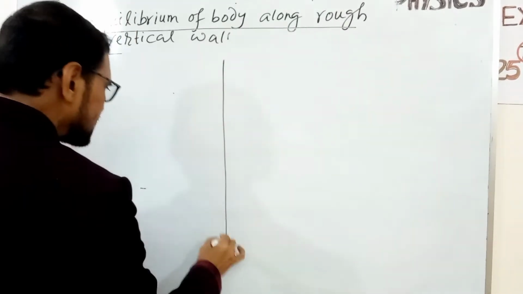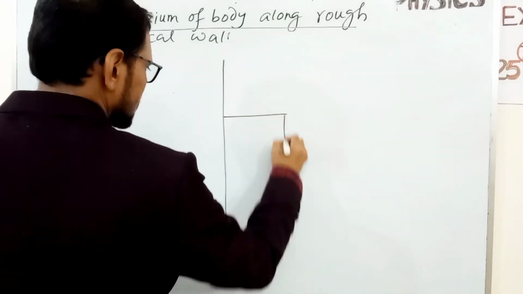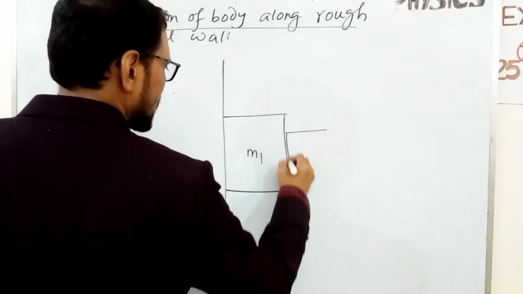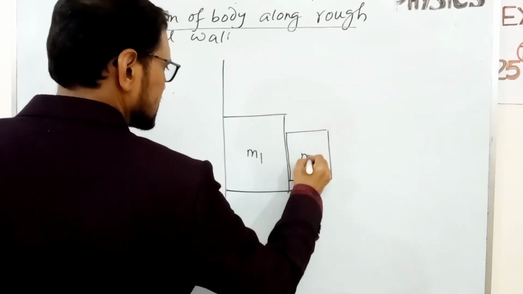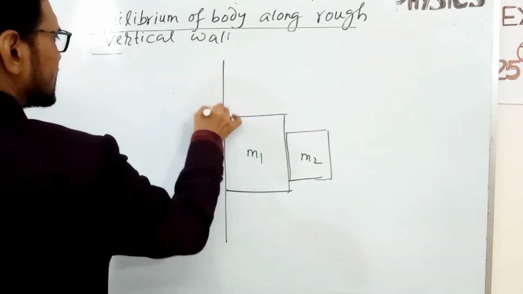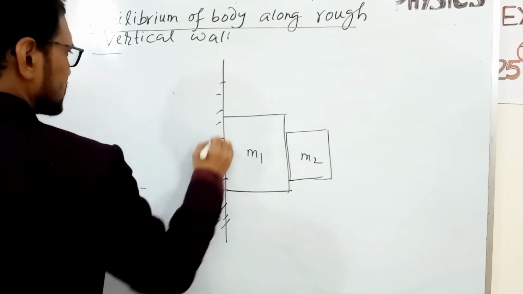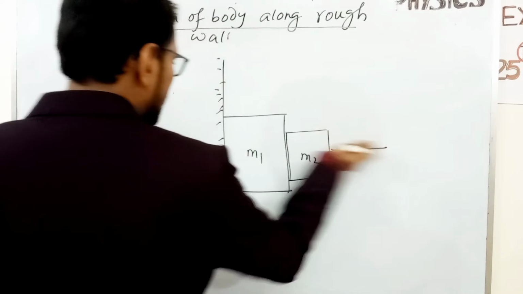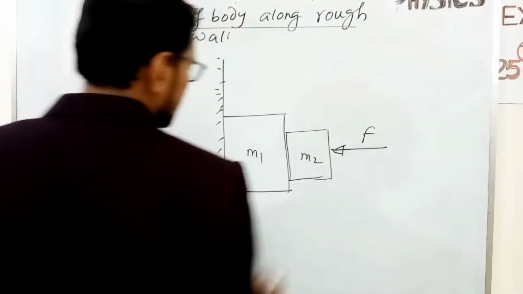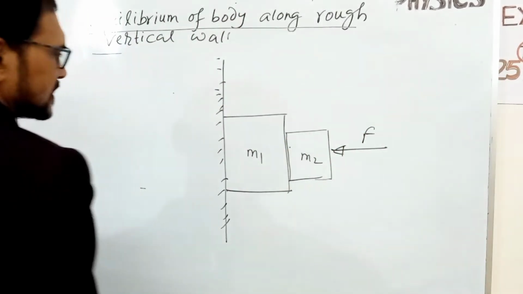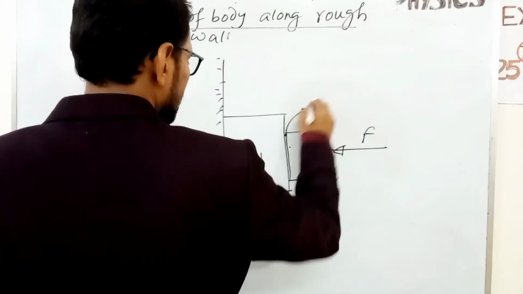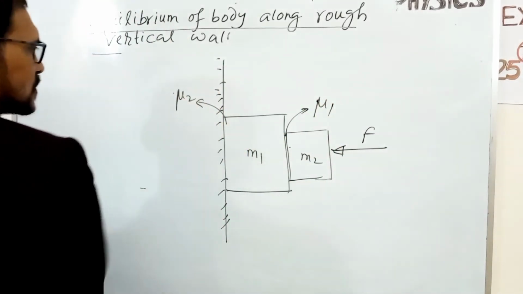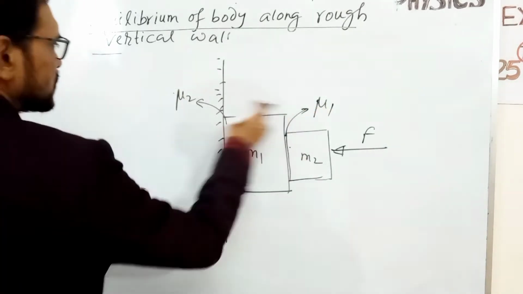This is a vertical wall and there are two blocks. This is a block of mass m1 and another block of mass m2. This is the vertical wall. Now a force acts perpendicular to the vertical wall, holding the two bodies. The coefficient of friction between this surface is mu1 and this surface is mu2, static friction mu1 and mu2.